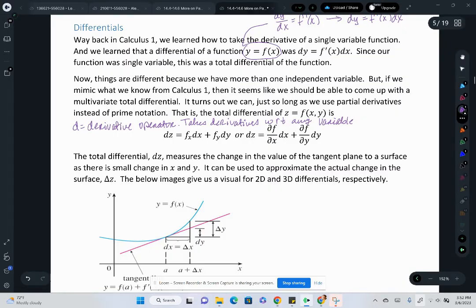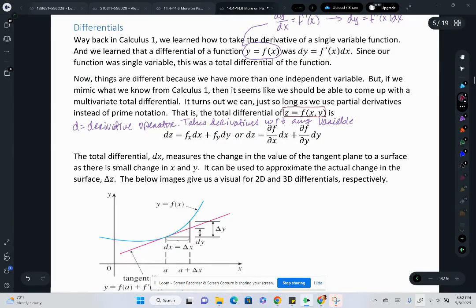And so it'll handle product rules, chain rules, quotient rules, all the things. But what it's doing is giving us an incremental measurement. So below here I have dz. We start with z equals f of xy.